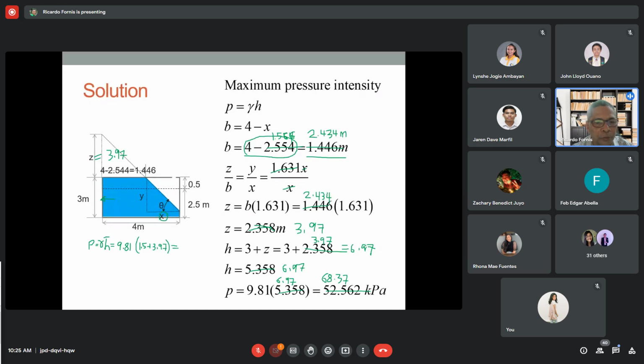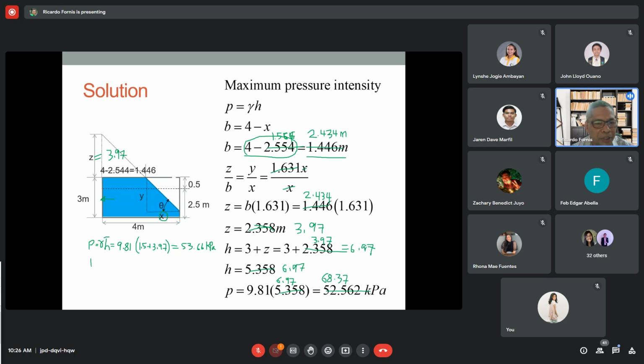So 9.81 times 1.5 plus 3.97. The answer is 53.66, and this is in kilopascals.